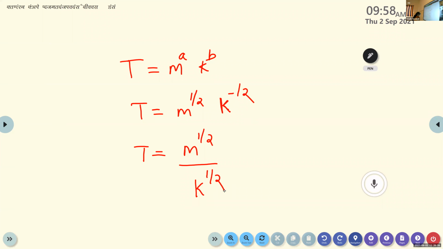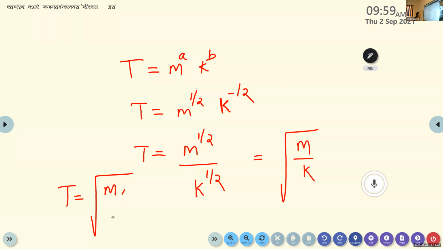T is equal to m raised to 1 by 2 divided by k raised to 1 by 2, or we can write that as the root of m by k. So the final equation becomes T is equal to square root of m by k.